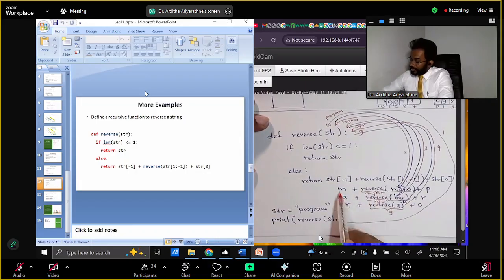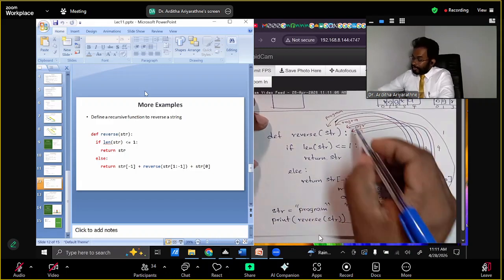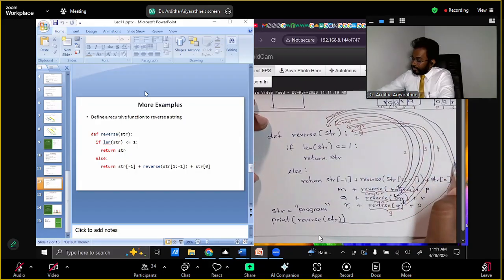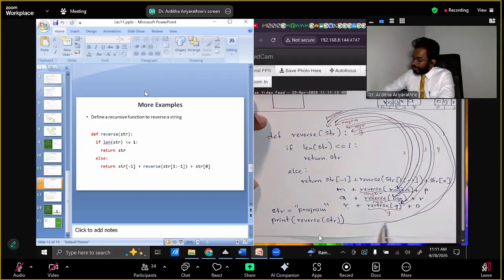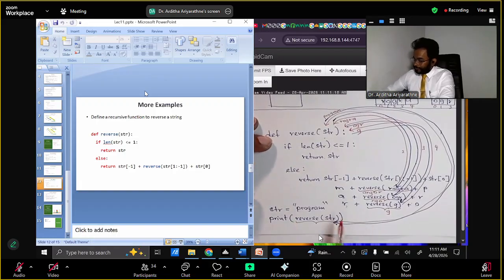ARGOR. So what is the total line? MARGORT. So now we have to return that one also. So we have to return from the very first call here. So we are returning to here. So what we are returning, we are getting here.